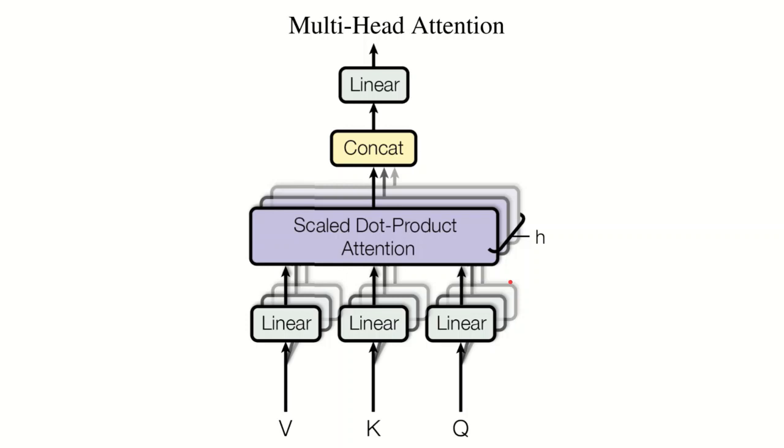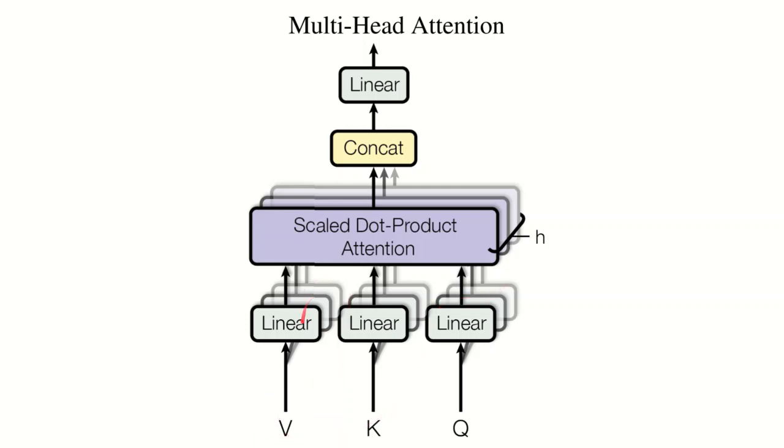They have their own parameters, and they're completely separate layers. That allows our network to learn to focus on different aspects of the sequences coming into the attention. So in all, you'll need 3 times the number of heads in linear layers for our inputs.